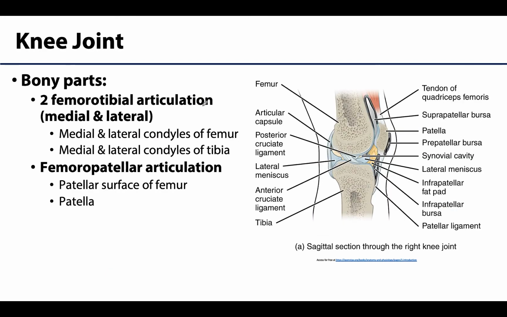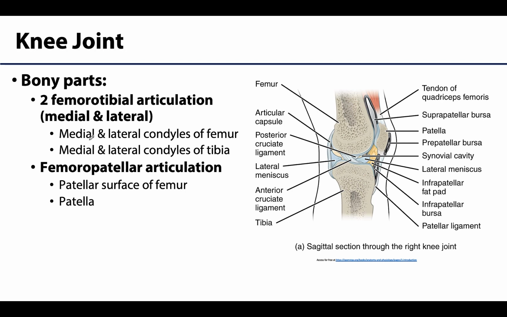Okay, moving to the knee joint. This is similar to what we had in the elbow joint region, where you have 3 joints that are going to be within one joint capsule. One of the bigger differences is that they're going to work a bit more in unison than we had in that area. You will have 2 femorotibial articulations, so you'll have a medial and lateral.